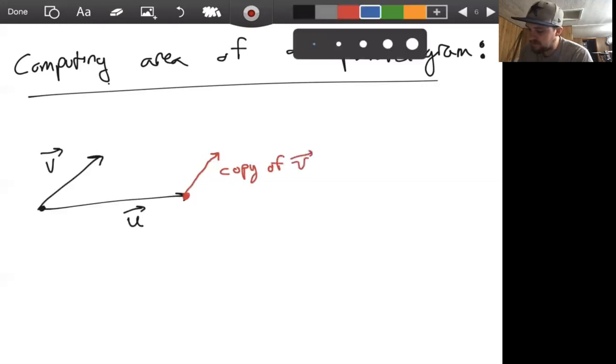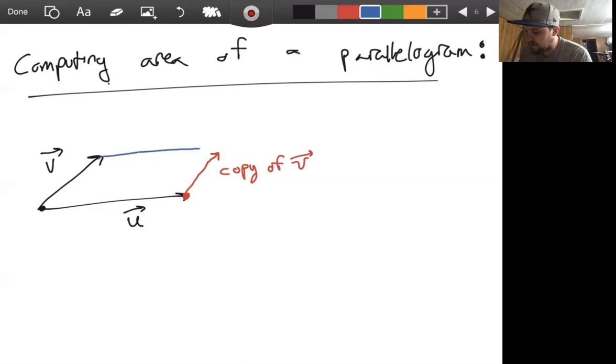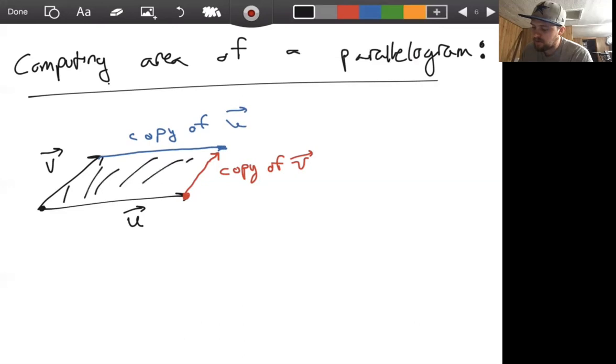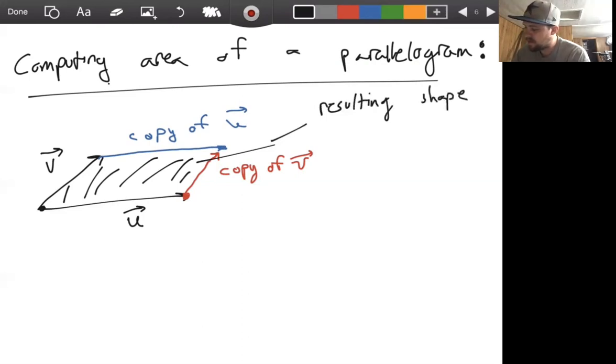And let's take a copy of u, but place it at the end of v. Here's a copy of u. Notice this spans a parallelogram. The resulting shape is a parallelogram.